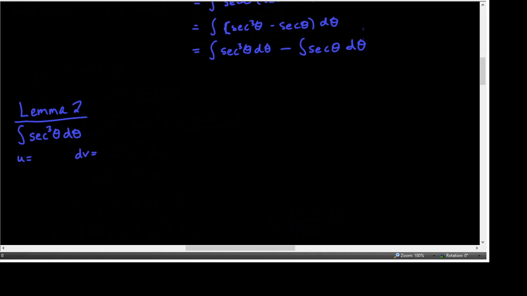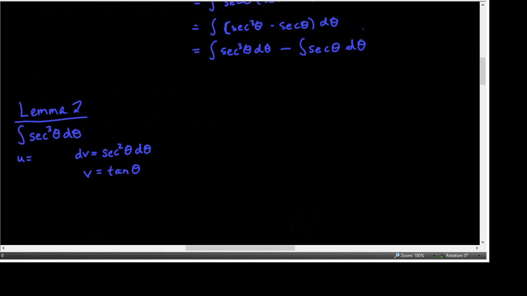The only thing is that we need to assign to u and dv the correct thing so that we can get a good answer. And if you'll recall, the derivative of tangent is secant squared, which means I really want to make my dv secant squared theta d theta so that I can integrate that and get a nice thing. So that's going to be my call here, because secant squared's antiderivative is something I can do. That's what I'm going to do.